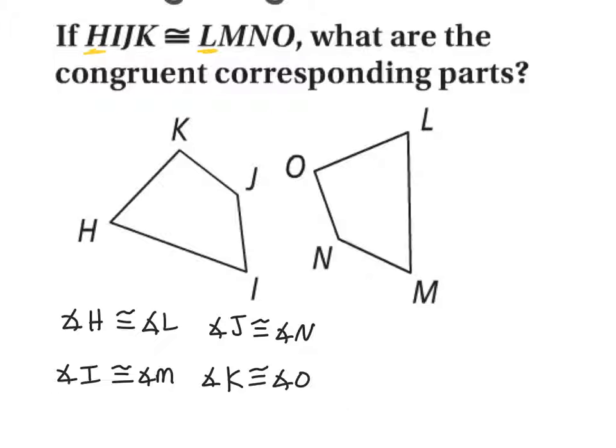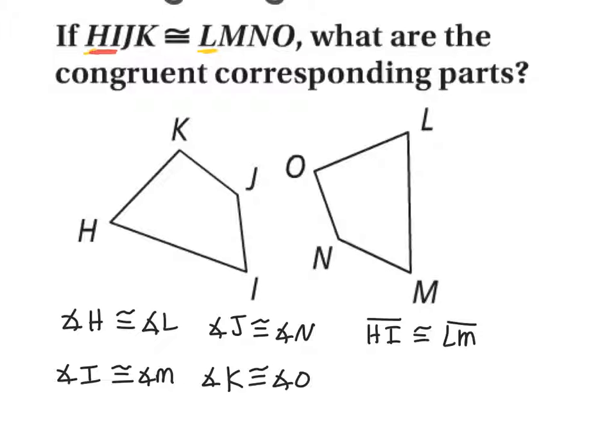Next, we need to find line segments. Again, looking at the roadmap, I see HI. Make sure you name it as a line segment. So line segment HI. By the way, line segment HI will be congruent to which other line segment? Line segment LM.